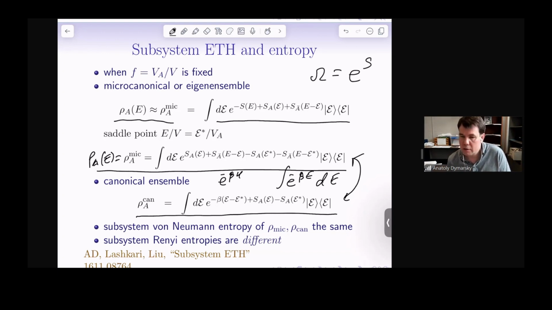You can ask if perhaps that violates the standard result in statistical mechanics about the equivalence of ensembles. And I will tell you that it doesn't, because usually the equivalence of ensembles is discussed in the context of a small probe. If your probe is small, it means that your subsystem A is very small. And if so, the energy E, curly E, is very small in comparison with the energy of the full system.